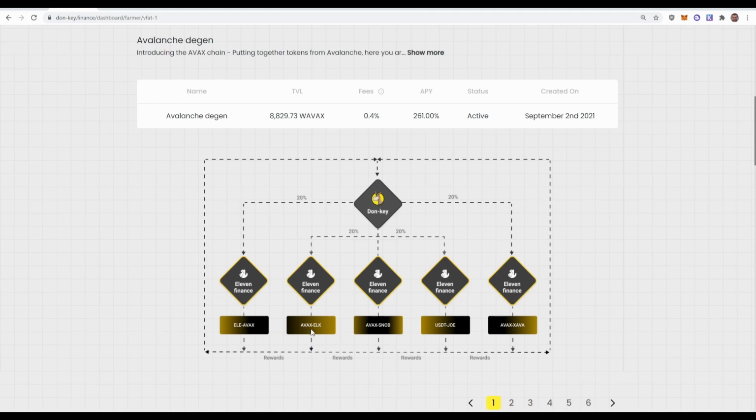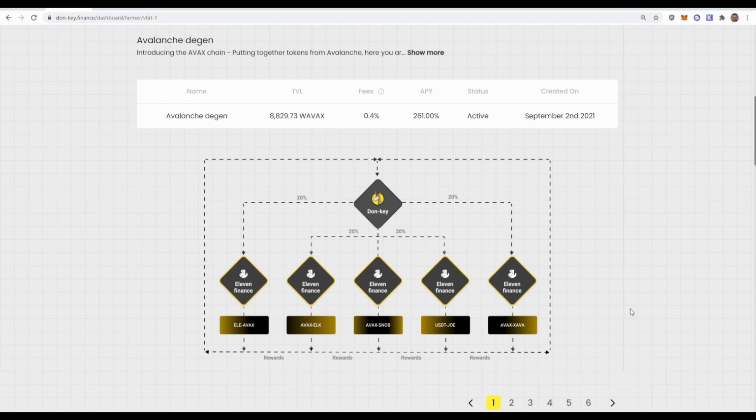Same thing here with Elk. We've got the same thing with Snob. Now, in this farm here, your AVAX is being sold off into USDT and Joe. So your AVAX is gone completely here in this pair. And then we've got AVAX and Xava. So again, 10% of your total funds are being sold for Xava.